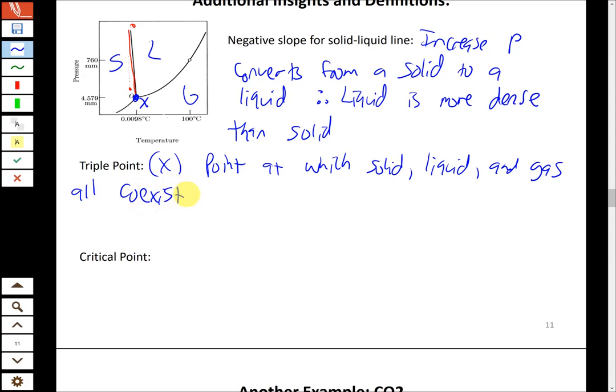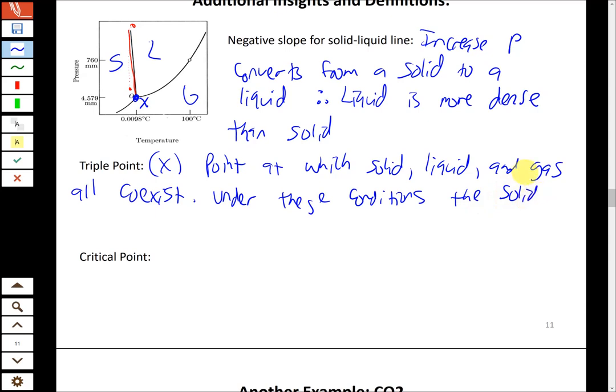Now you'll see that that's way below atmospheric pressure. So on normal surface of the Earth, you're not going to have a pressure or a temperature at which all 3 of those are together. But at that lower pressure, that's possible. And what it also means is that under those conditions, which for water is shown as 4.579 millimeters of mercury and close to 0 degrees Celsius, all 3 of the phases have the same vapor pressure.